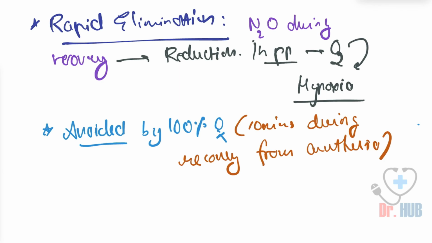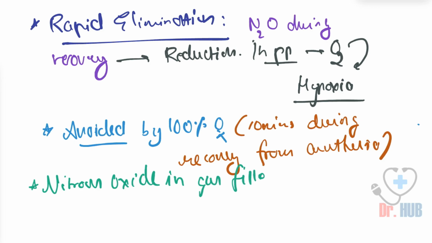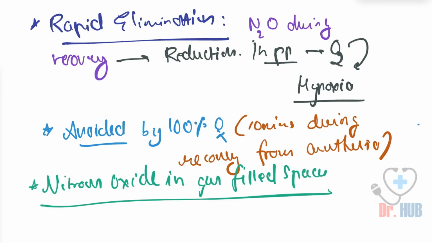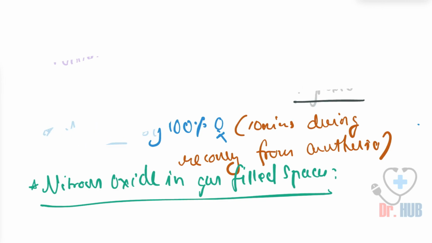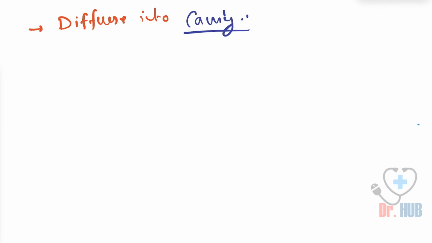Now we move on to nitrous oxide in gas filled spaces. What does this mean? Here it diffuses into the air containing cavities, and it is more rapid than the air.